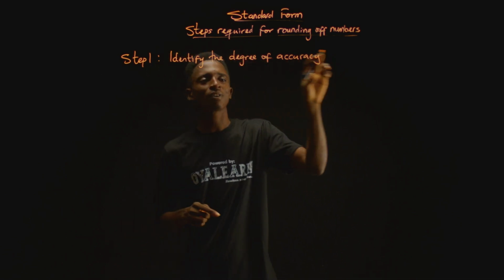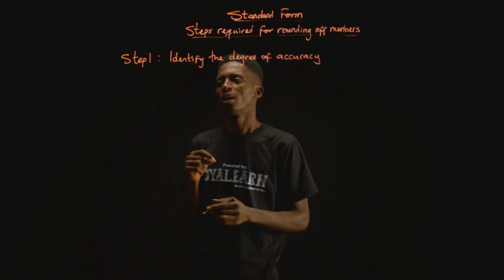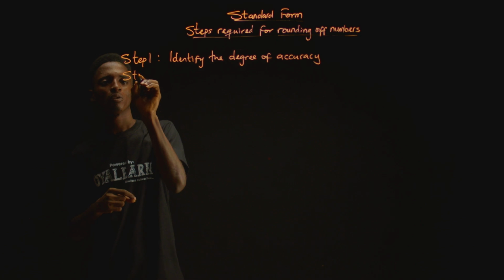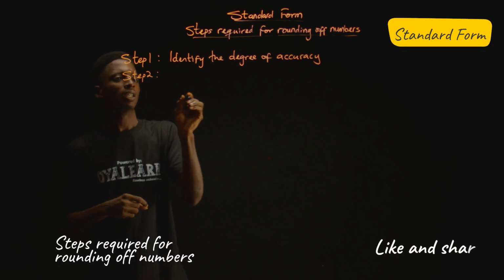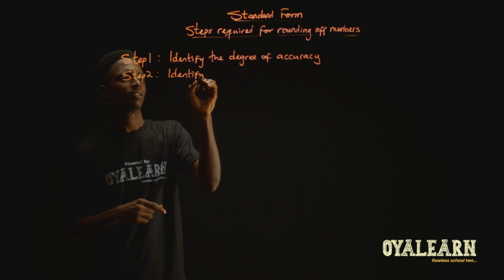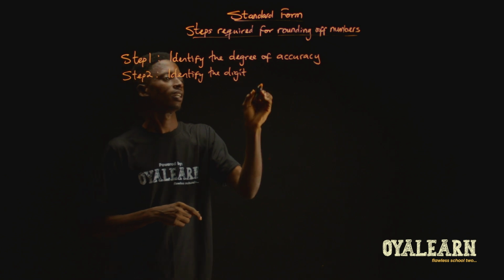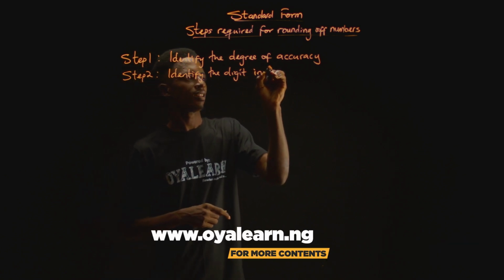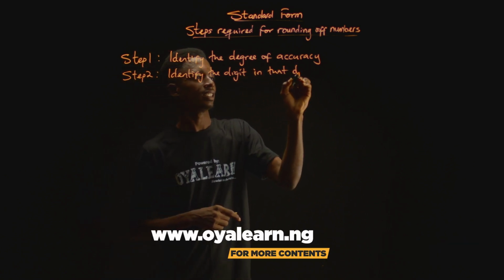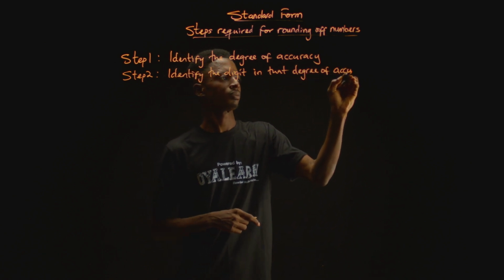So when you identify the degree of accuracy that you want to round off a number to, the next thing you want to do is then identify the digit in that degree of accuracy.